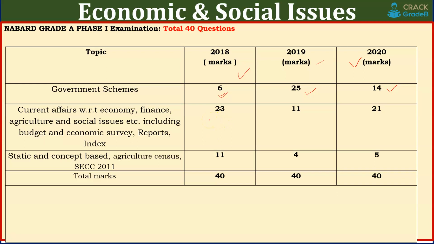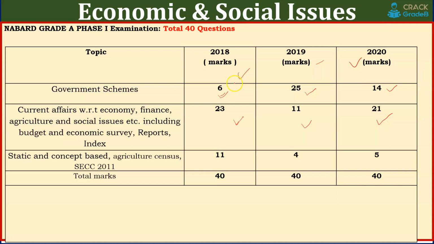Specifically, the current affairs covered in this exam are related to the economy, finance, social issues, agriculture, budget, economic survey, various reports related to the Indian economy, specifically GDP related reports, and various rankings related to the economy and social issues. And 23 marks in 2018, 11 marks in 2019, and 21 marks from current affairs were covered in 2021.